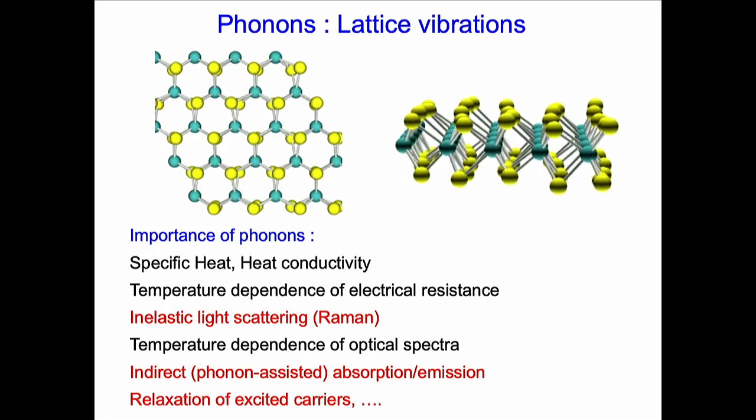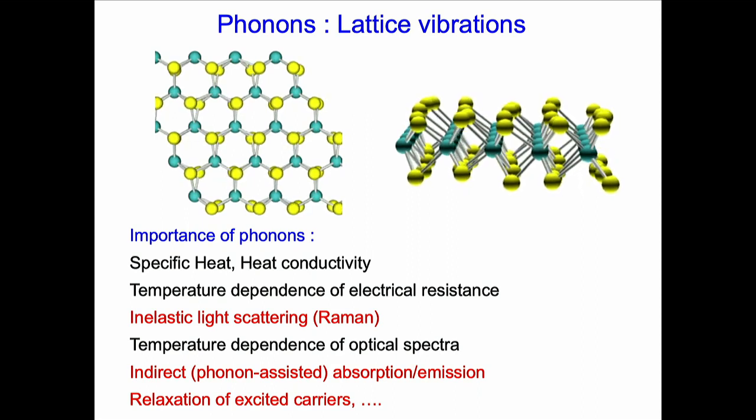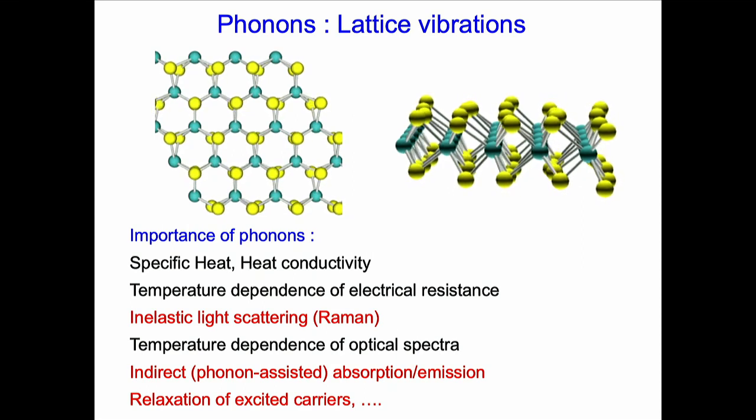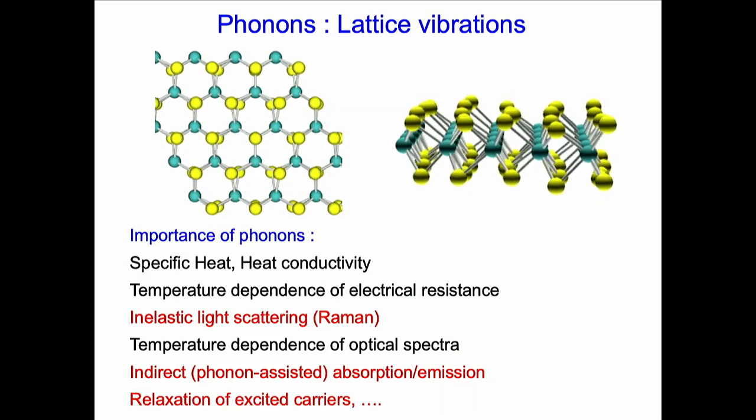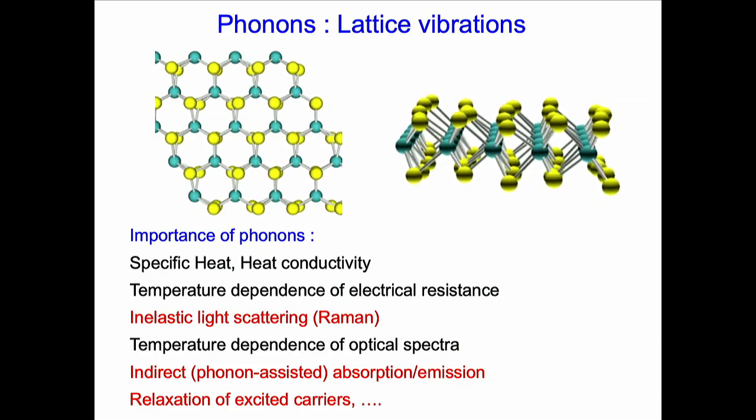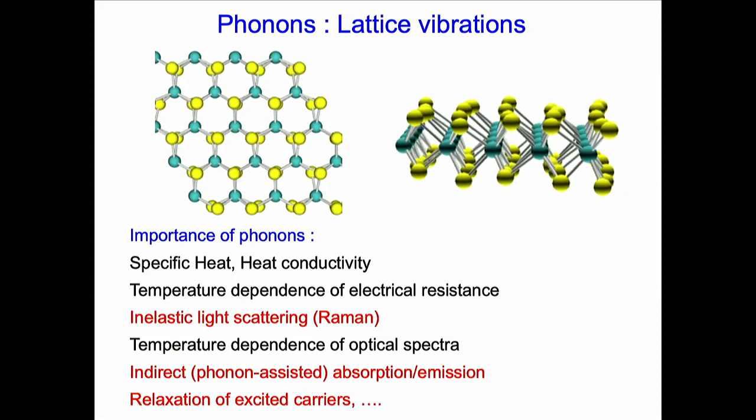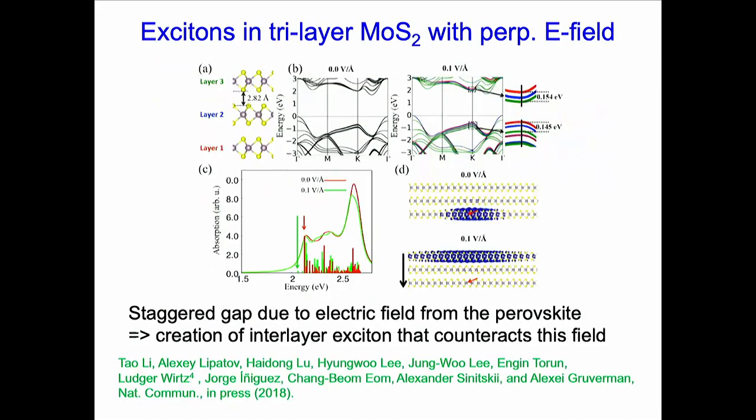That's what they did. We are doing Raman scattering in Luxembourg, and work that Alejandro did, and that you will probably see tomorrow, is the relaxation of excited carriers via electron-phonon scattering.